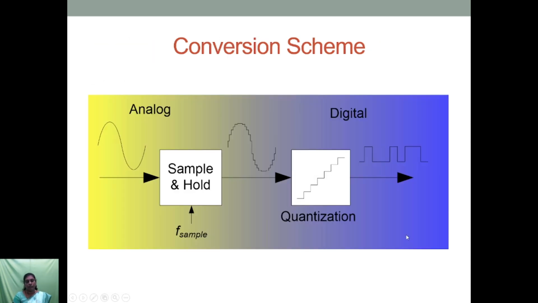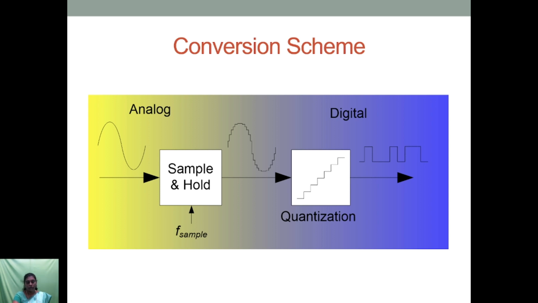Next we will see what is the conversion scheme used for analog to digital conversion. So this simple block diagram represents the analog to digital conversion. So this is the analog input. First, this analog input is given to the sample and hold circuit.